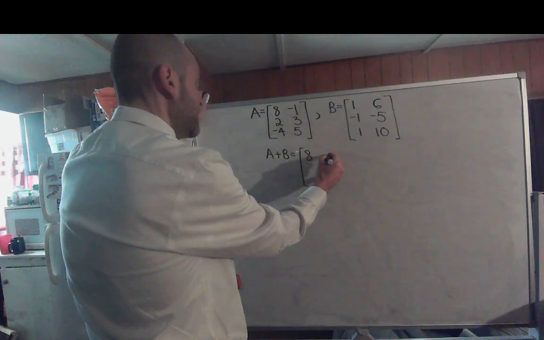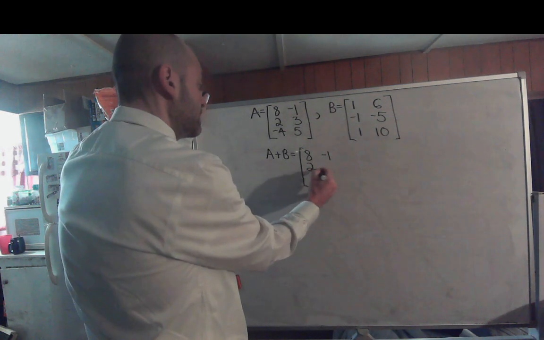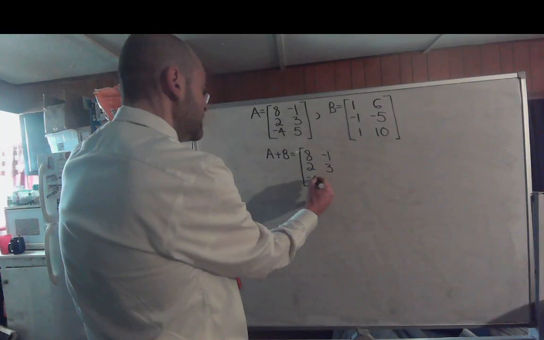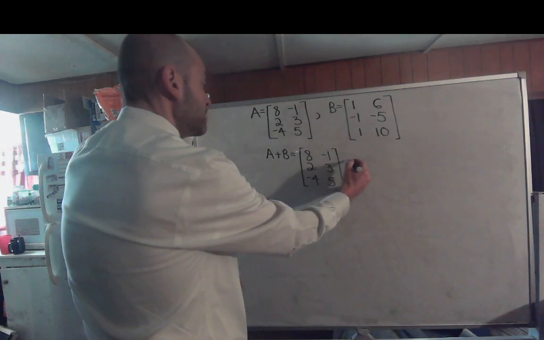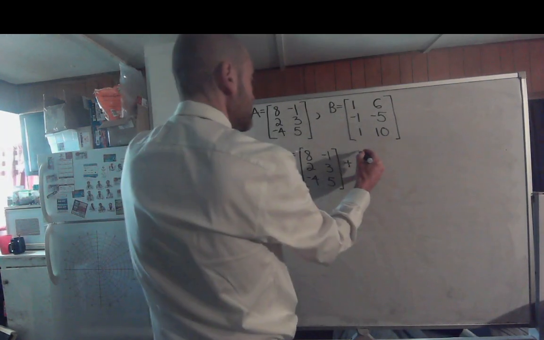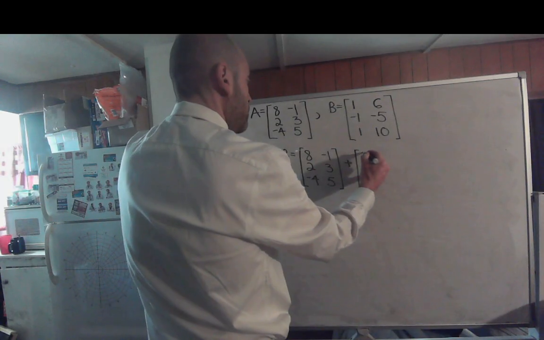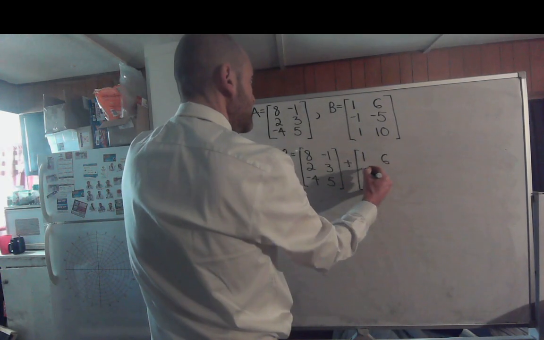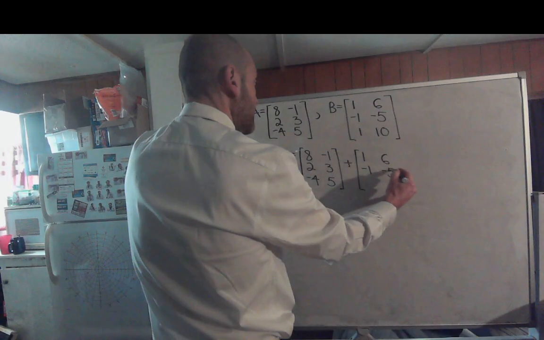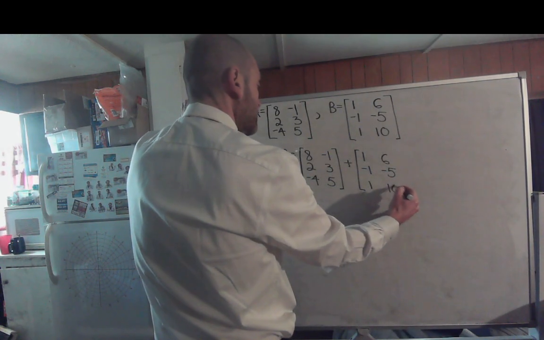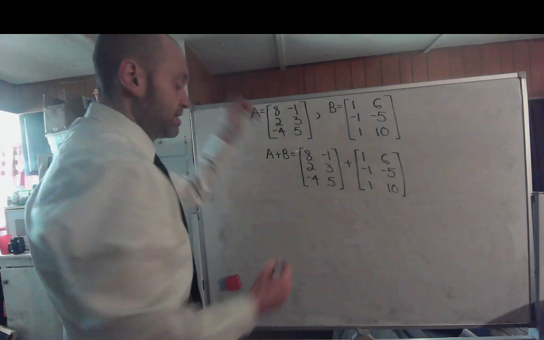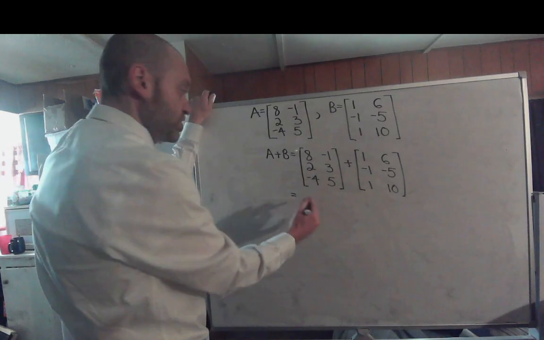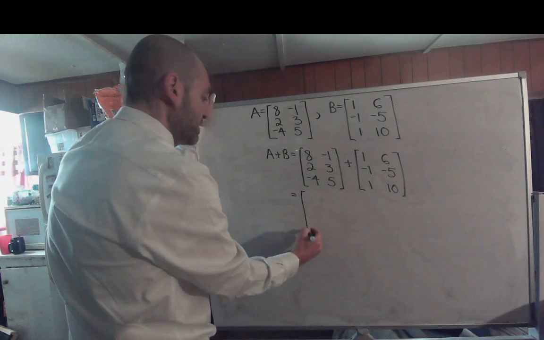So A plus B, again, just take your members of A, add them to the members of B. So let's write this out. 8, negative 1, 2, 3, negative 4, 5, plus, we're going to have 1, 6, negative 1, negative 5, 1, and 10. So all we got to do is add the respective members in their positions, and we'll get the sum of these two matrices.